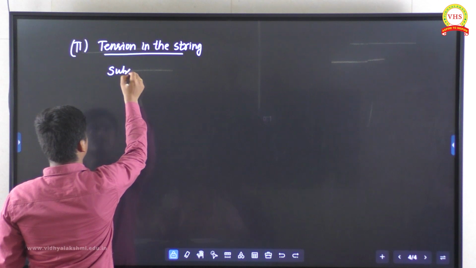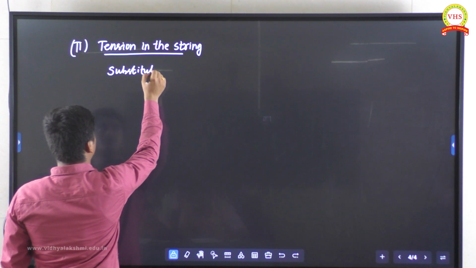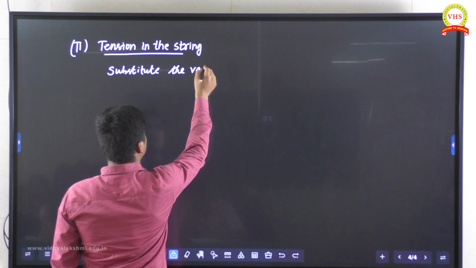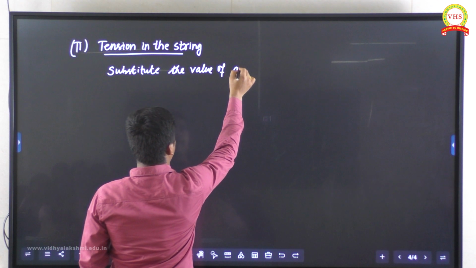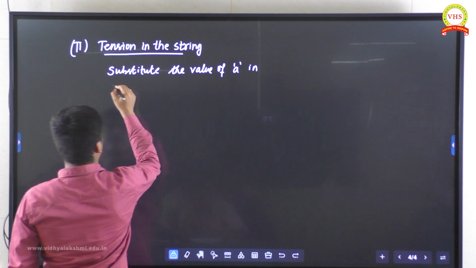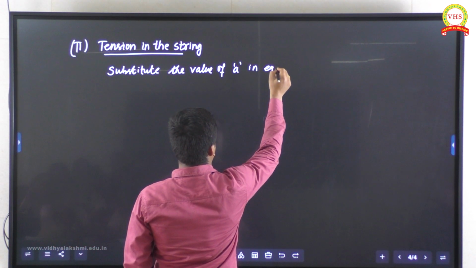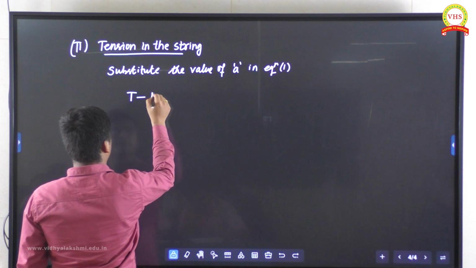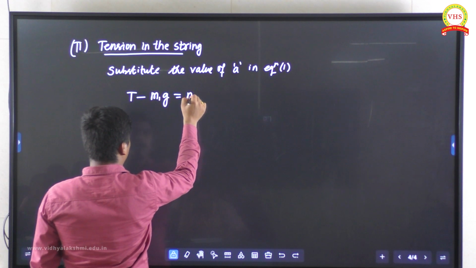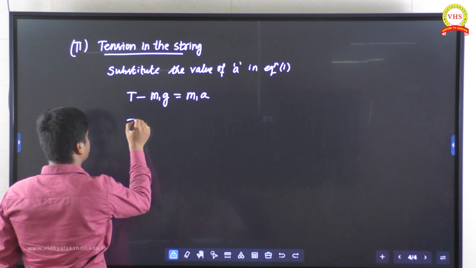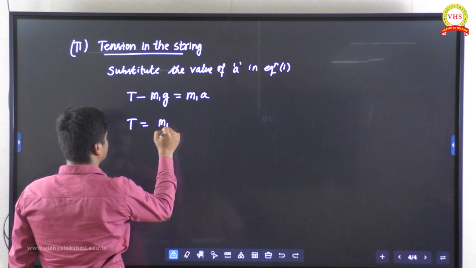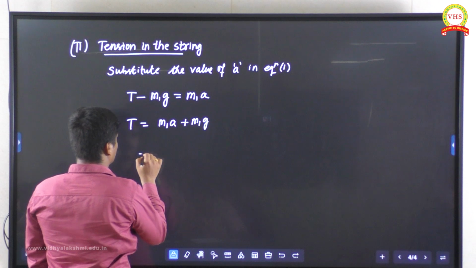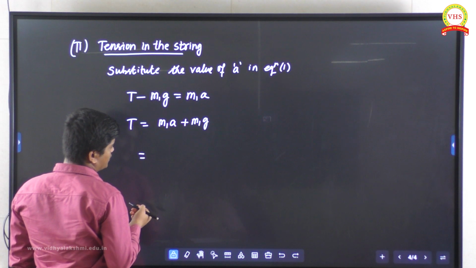Substitute the value of A in any one of the equations. Equation 1 you substitute: T minus M1G equal to M1A. Here T will be M1A plus M1G.